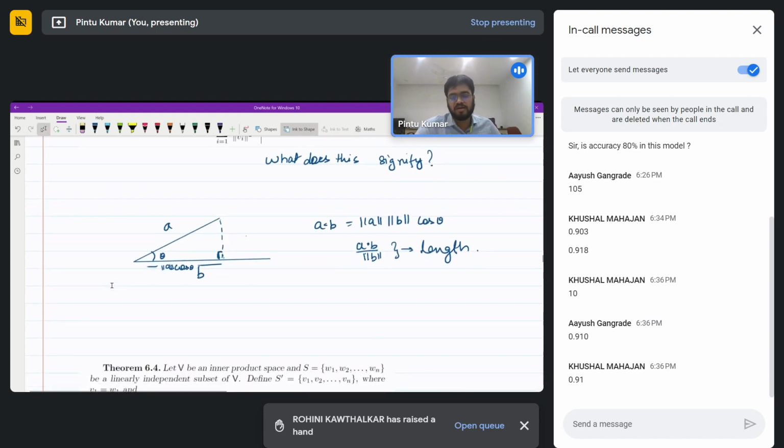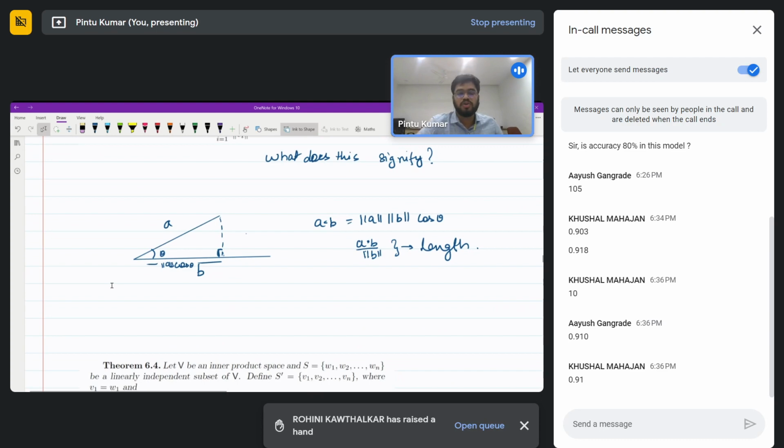So I think most of you would know how to calculate the projection. But still, for somebody who doesn't know, let's say you have a vector A and you want to find its projection onto B. If you recall the formula for A dot B, this is nothing but |A||B| cos theta, right?